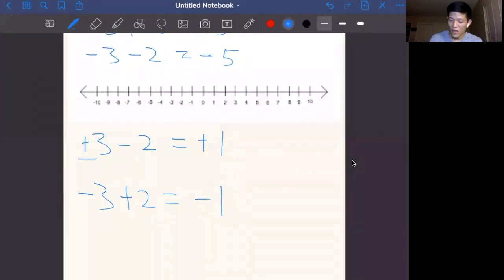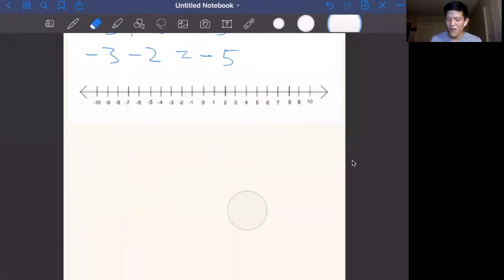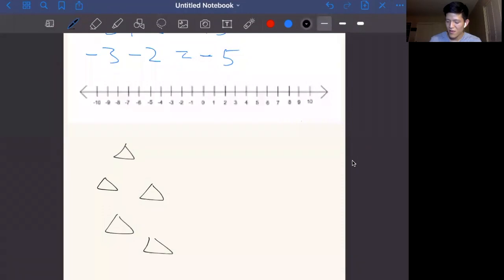Okay, another visual that maybe will help you is, let's say we have triangles and squares. I'm going to try to help you visually, and I'm just going to say this is a positive kingdom, so they are positive kingdoms. And then squares come from the negative kingdoms, right?